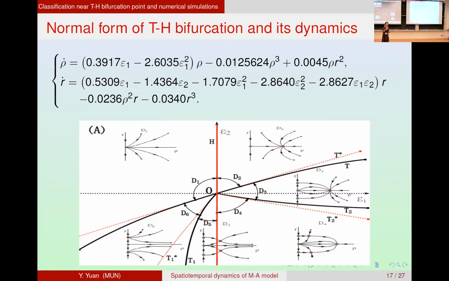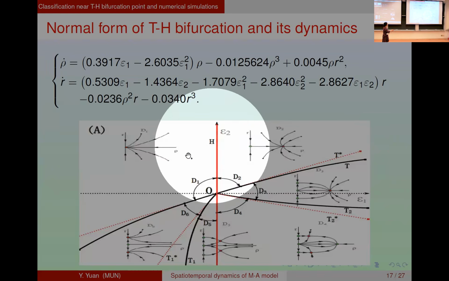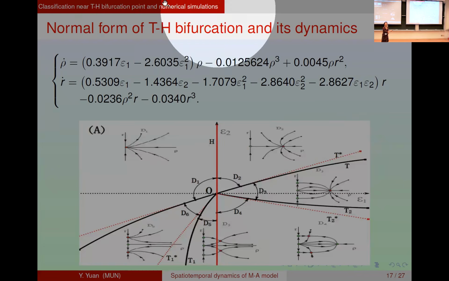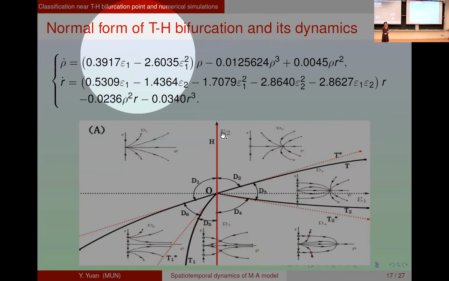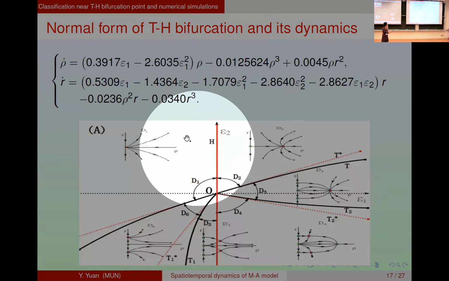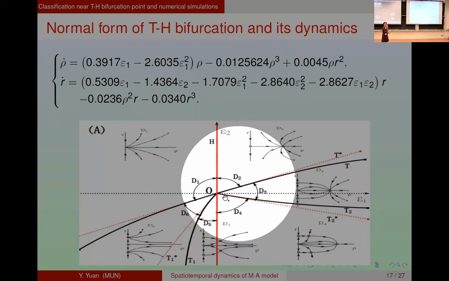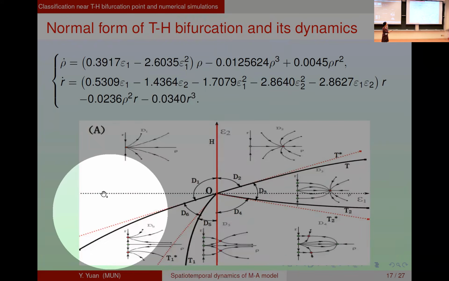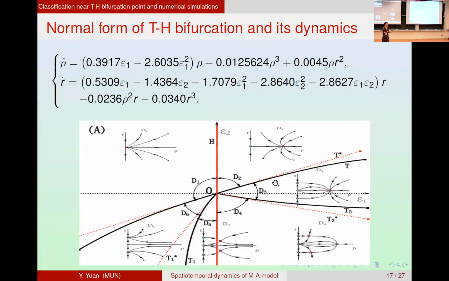These curves separate the whole epsilon 1, epsilon 2 plane into 6 different regions, and each region has similar properties. This is the bifurcation diagram, also including the phase portrait in each part. After we know this, we know the whole dynamical properties of this model, right?